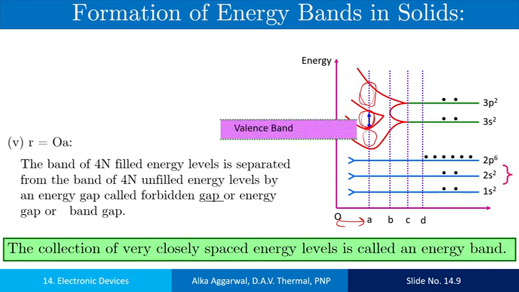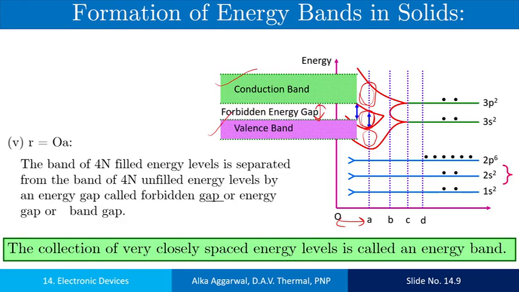The band which is completely filled is called the valence band. The band which contains the empty energy levels is called the conduction band, and the energy gap between the conduction band and the valence band is called the forbidden band. So, what is the energy band?